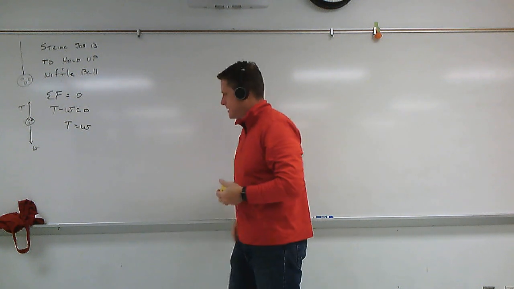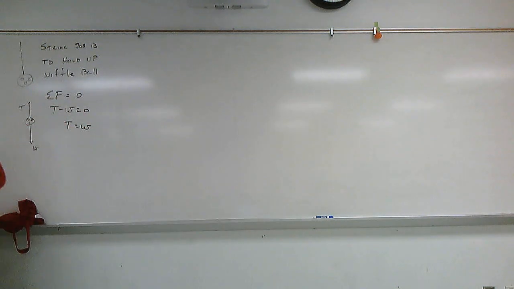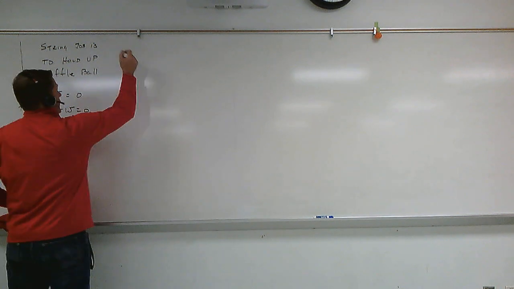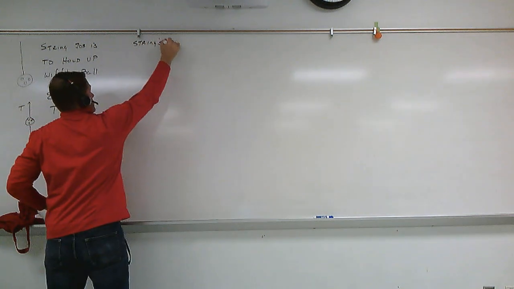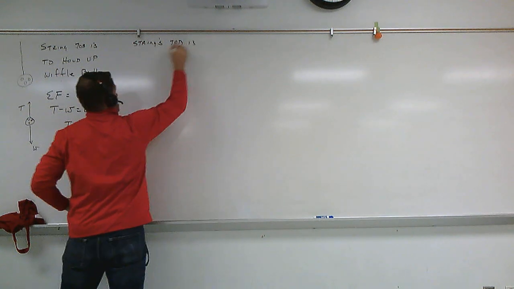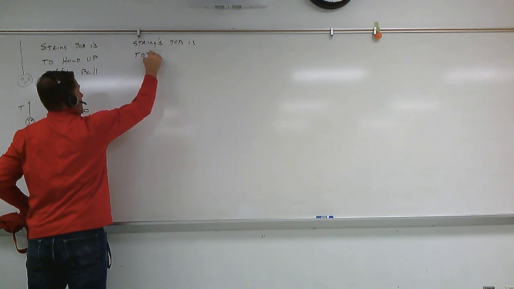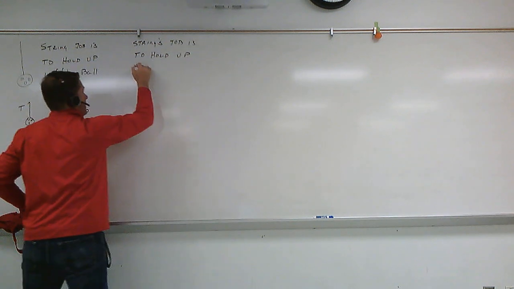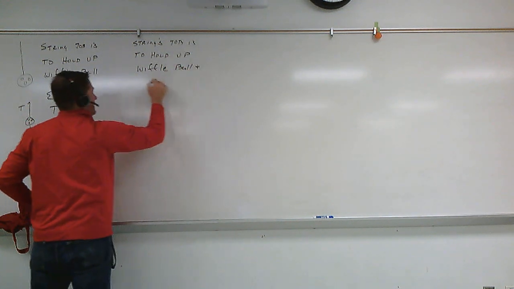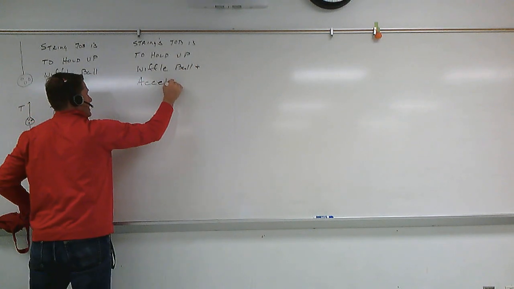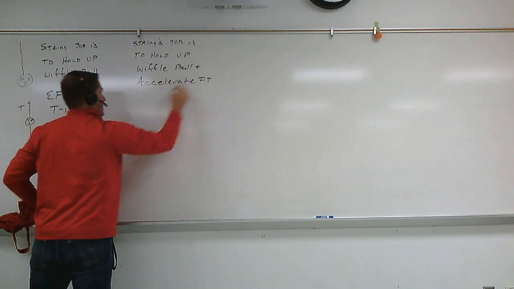So in the case of this acceleration, the string has two jobs. In the second case here, the string's job is to hold up the wiffle ball and accelerate it upwards.